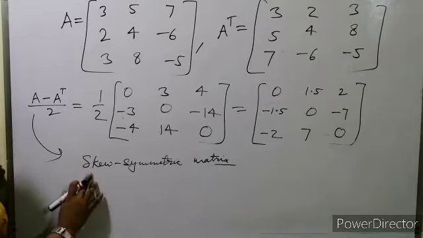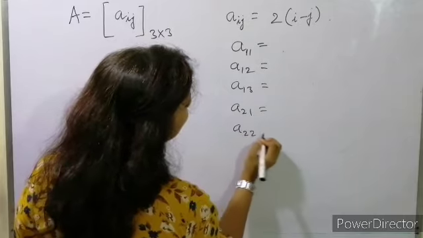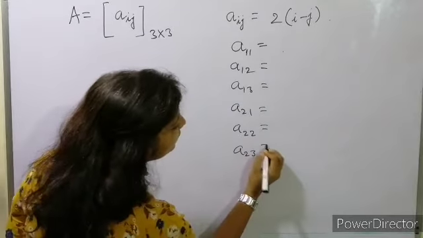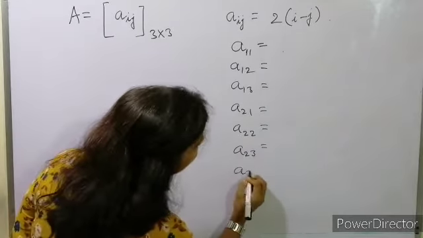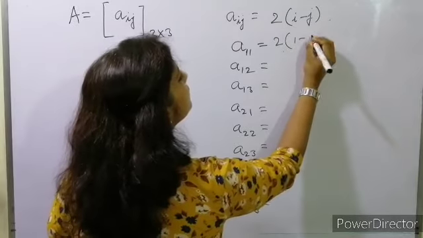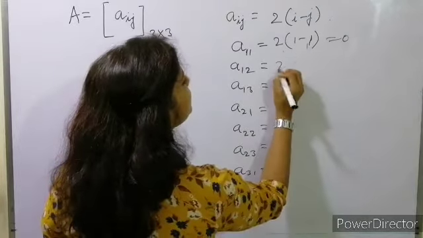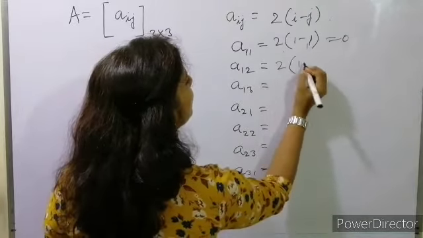Since A is 3 cross 3, the elements are A11, A12, A13, A21, A22, A23, A31, A32, A33. So A11 will be 2 into 1 minus 1, that is 0. A12 is 2 into 1 minus 2, 2 into minus 1, that will be minus 2.